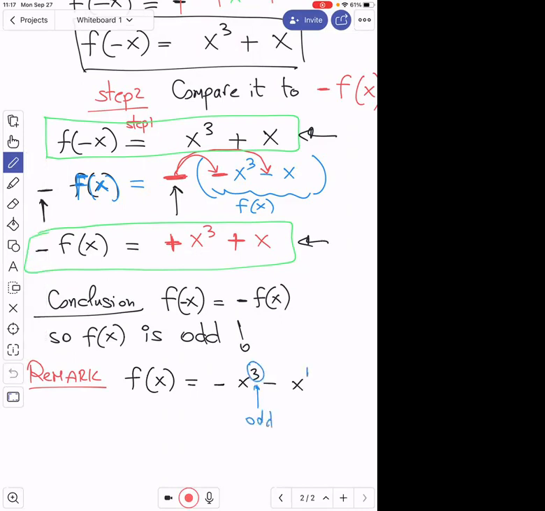And here it's x, but you can write x as x to the power 1. Of course 1 is odd. So all the powers here are odd. That's why your function f is odd. All exponents or powers of x are odd, so your function f has to be odd.